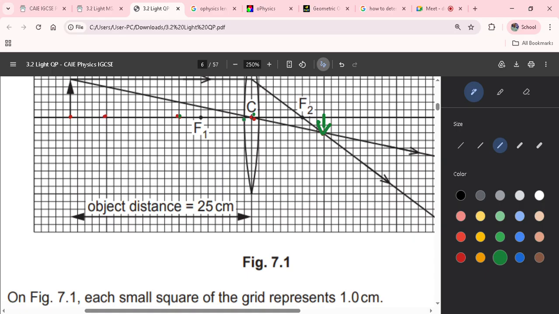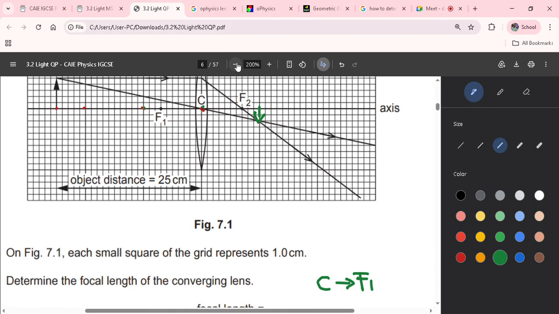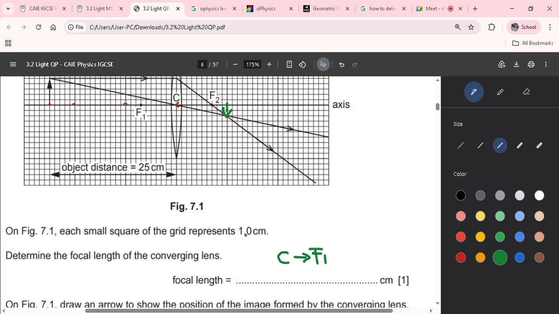So there are 7, right? 1, 2, 3, 4, 5, 6, 7. So there are 7 grids, which means that one grid is 1 centimeter. Because there are 7 grids, that means 7 centimeters.